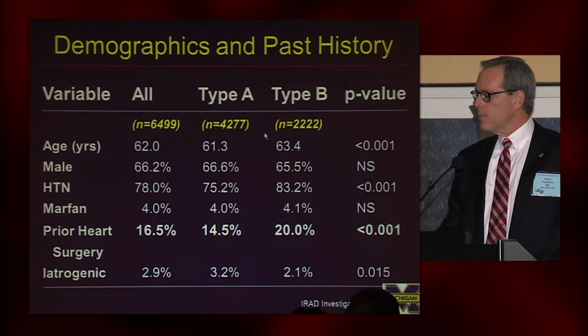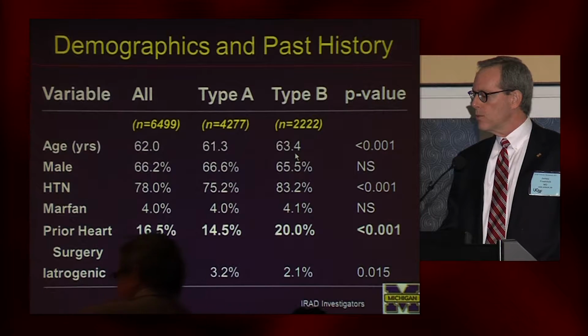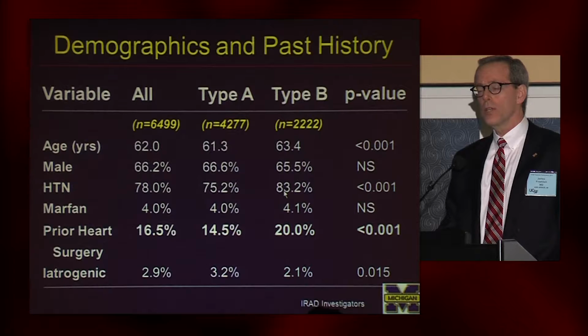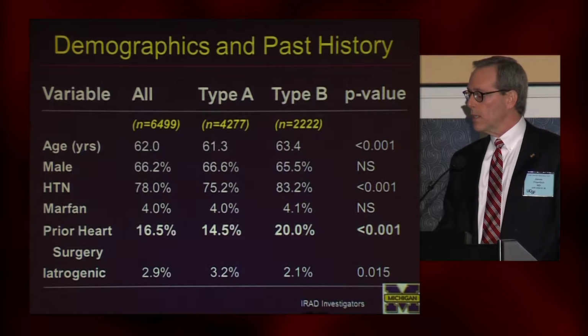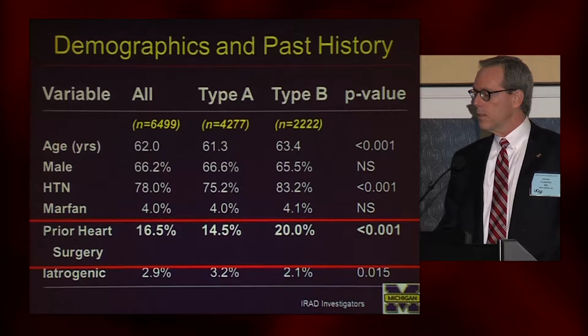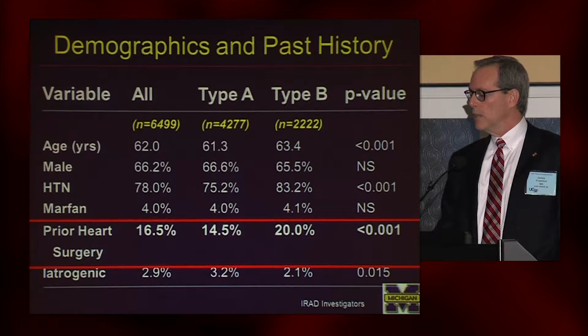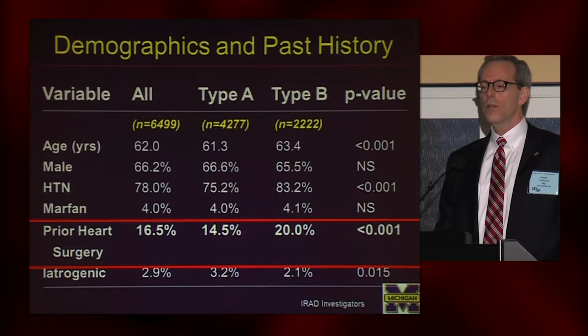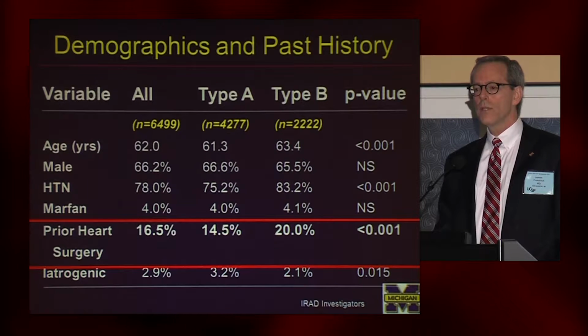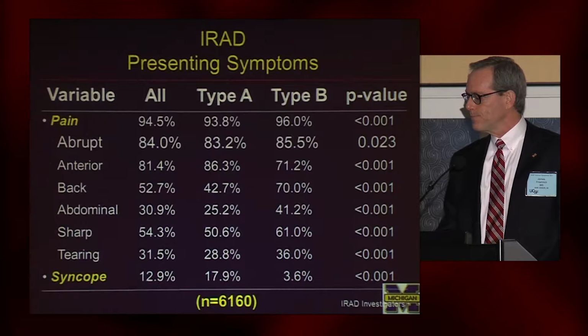Comparing type A and type B, there are minor differences, such as a trend towards increased age and increased hypertension in type Bs, and we're going to come back to that because that's actually important. Surprisingly, and this has been consistent for 20 years now, there's a greater likelihood of a history of prior heart surgery in the type Bs than the type As.